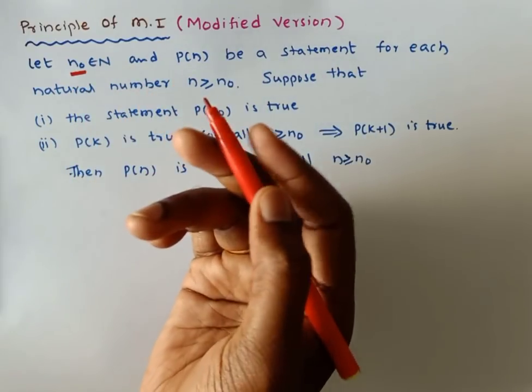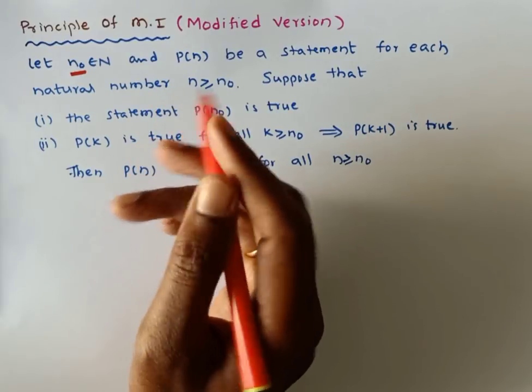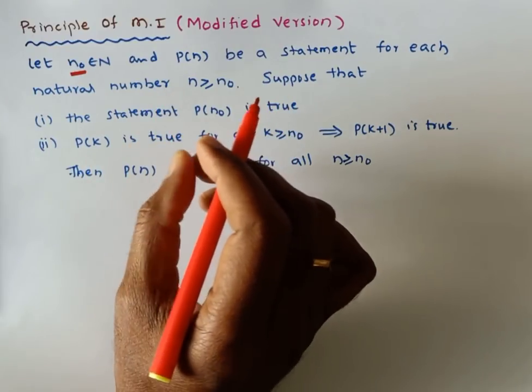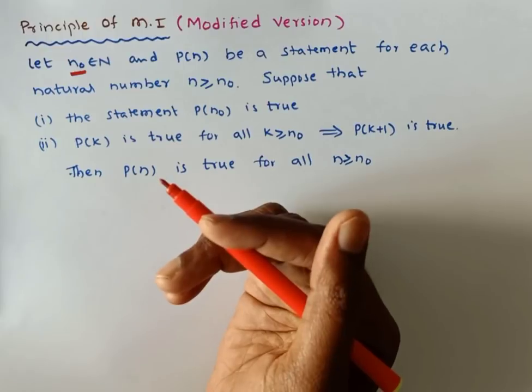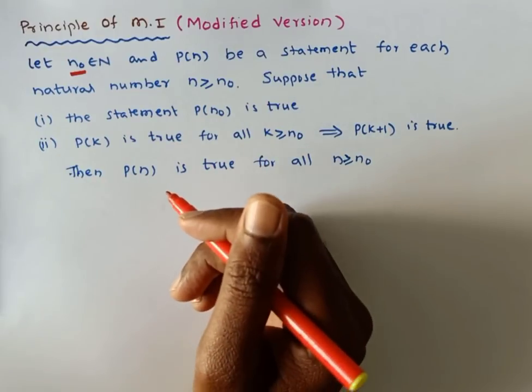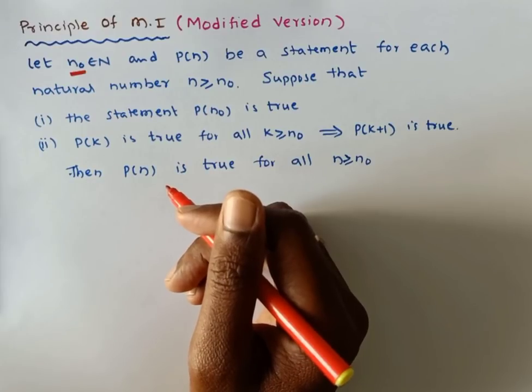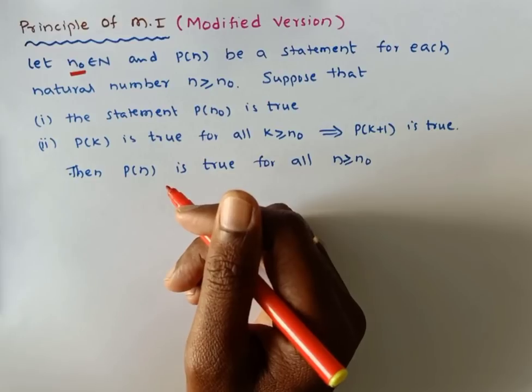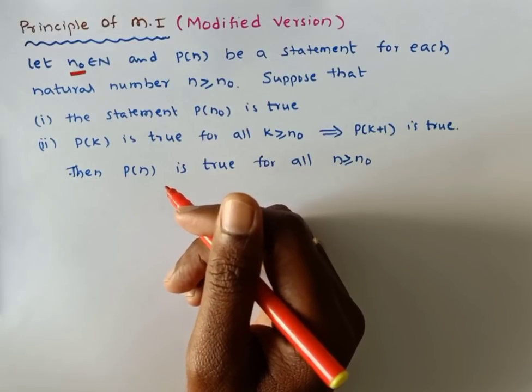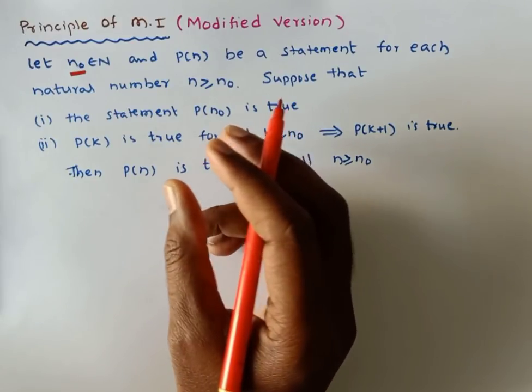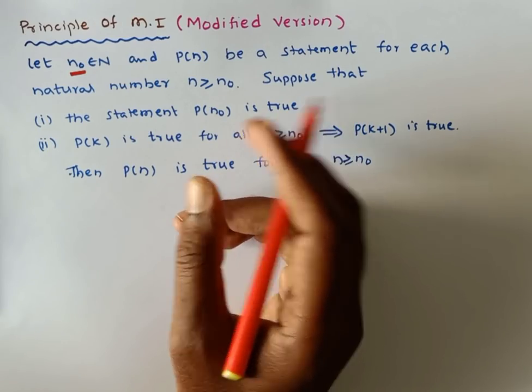Means if the statement is true with n equals to 6, then you just need to show the statement is true for n equal to 6. Next procedure is, assume that the given statement is true for n equals to k, and by using that statement you have to show it is true for n equals to k plus 1. Okay, so nothing more is there.